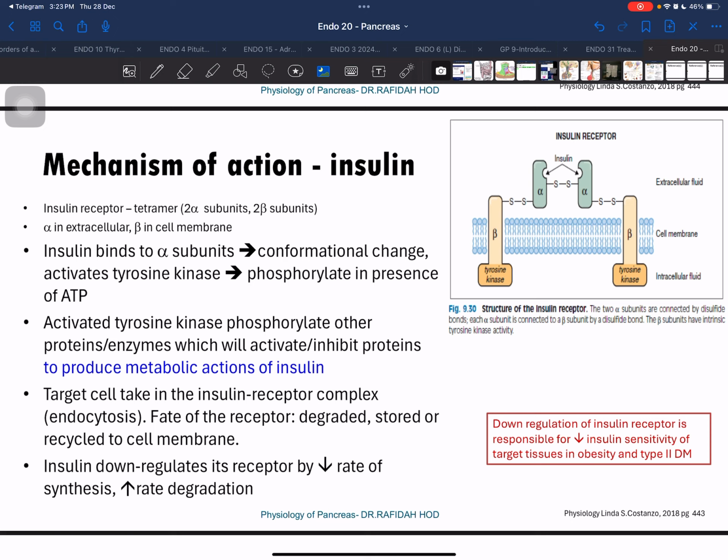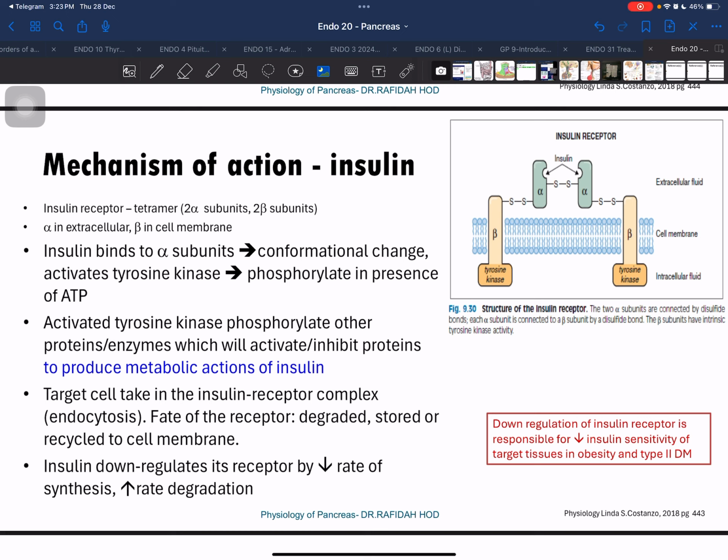So an example is when insulin downregulates tu, so dia akan kurangkan the rate of synthesis of the receptor ni. Atau dia buat macam tu, is either reduce rate of synthesis or the increase rate of the degradation of these receptors. Okay, so problem of downregulation ni lah yang one of the reasons of what is happening in obesity and type 2 diabetes mellitus.